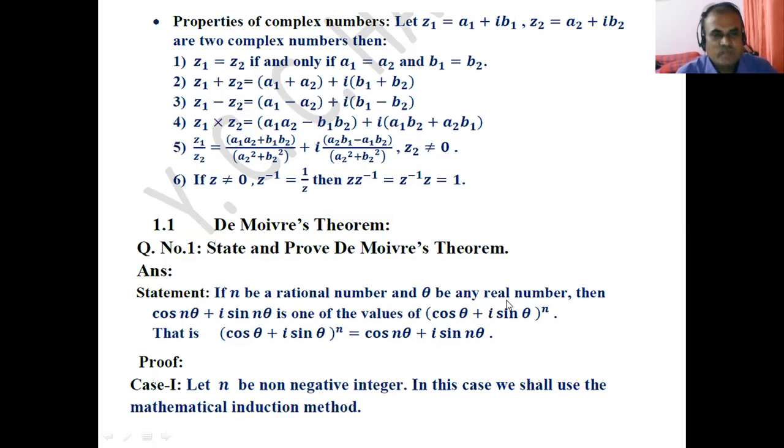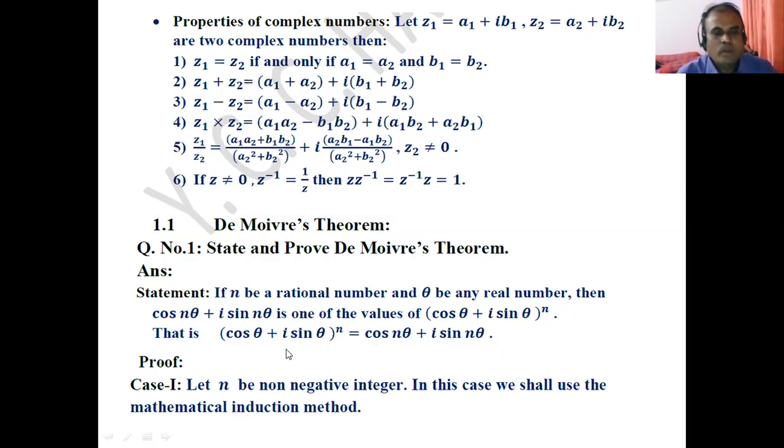That is, we can write (cos theta plus i sin theta) raised to n is equal to cos of n theta plus i sin of n theta. So this is the statement of De Moivre's theorem. Now we prove this theorem.